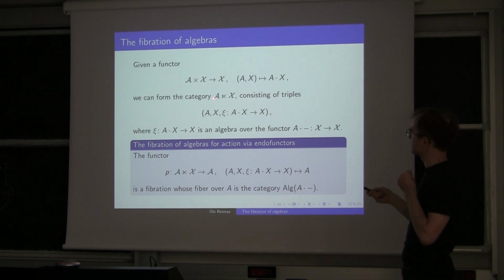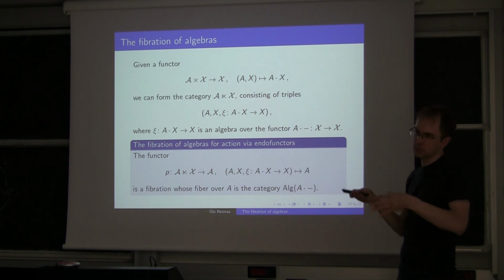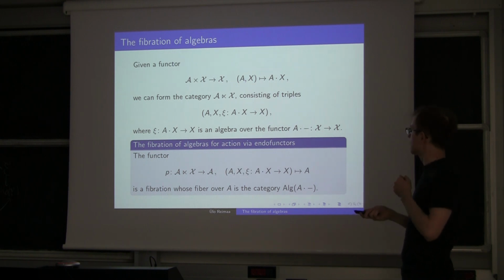So A is the category of parameters, X is the category, and we can consider the action which includes this dependence between A and X as just some implicit thing that exists, and just use this very simple notation.